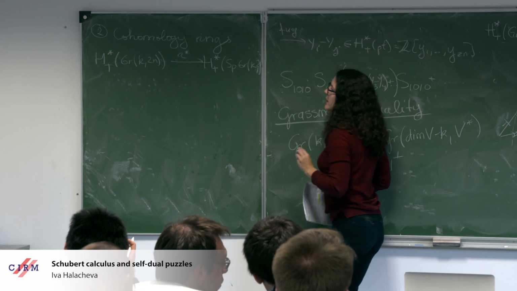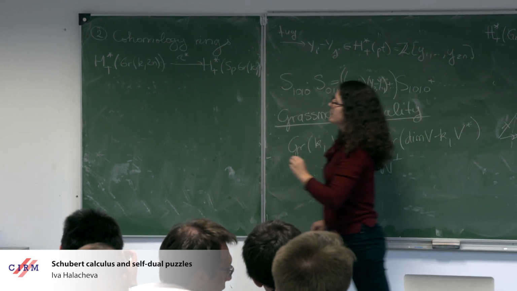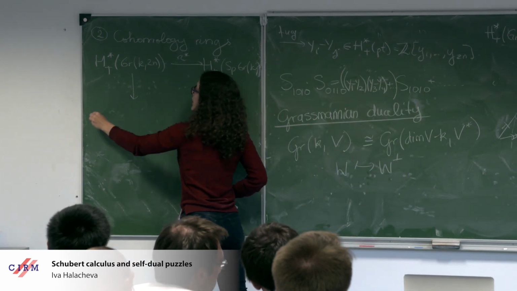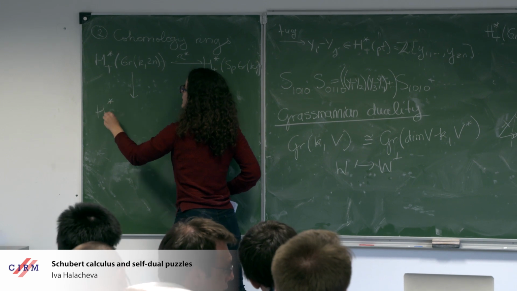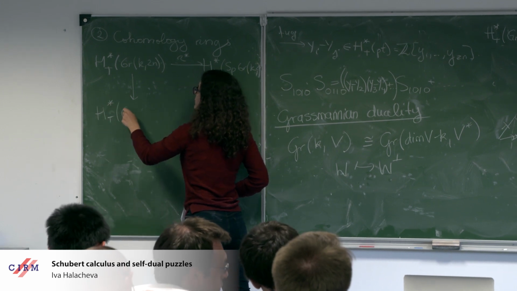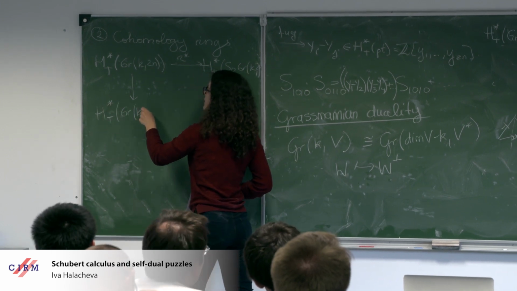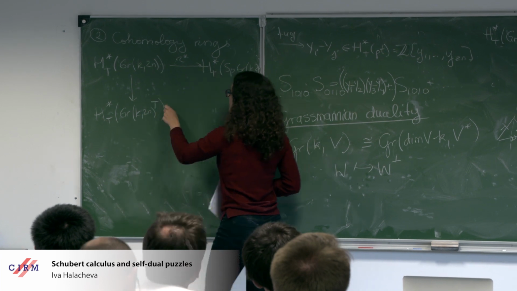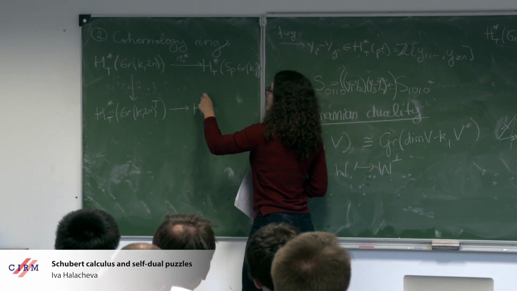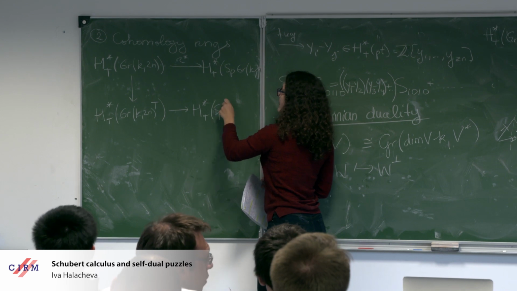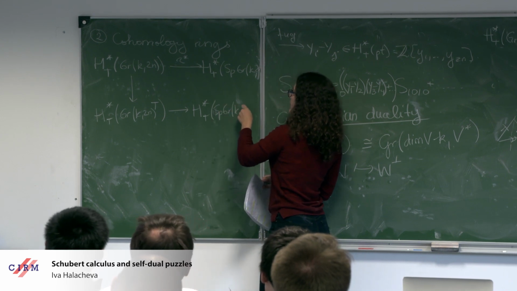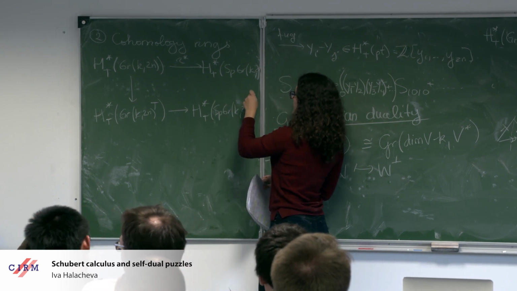Oops, sorry, this is 2n. And this maps to T equivariant cohomology of the fixed points of the symplectic Grassmannian of K 2n.